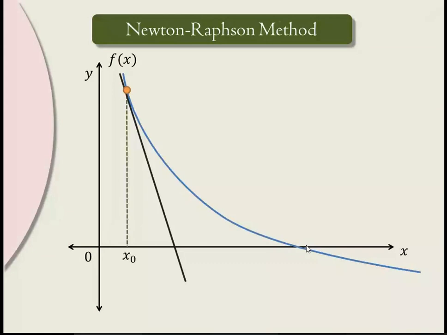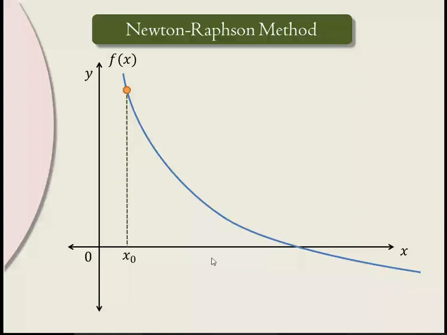You take any x0. Then what to do after getting x0? A and B may be somewhere here, and we are taking any x0. Then at that point, f of x0, draw a tangent. What is a derivative? Derivative means it is a tangent to that curve.